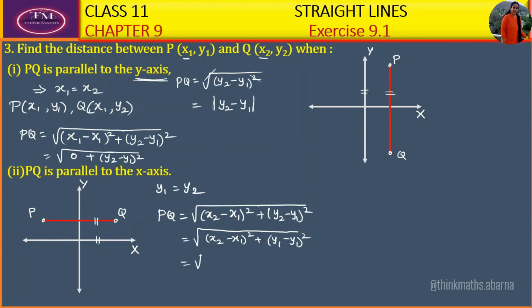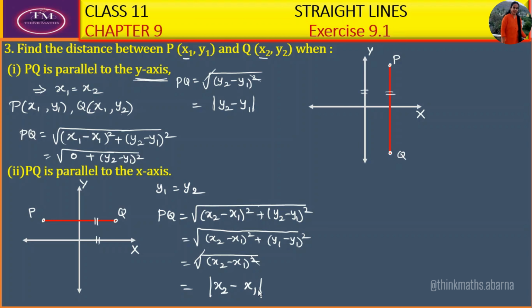So only we will have the square root of (x2 minus x1) the whole square. The square root and power 2 get cancelled, so we get x2 minus x1. This can also be negative or positive. To avoid the negative sign, as the distance is always positive, we use modulus. So PQ will be modulus of x2 minus x1.